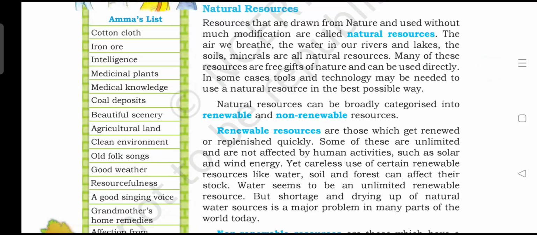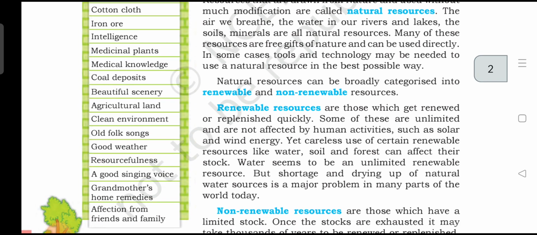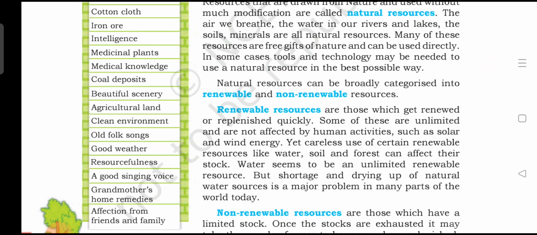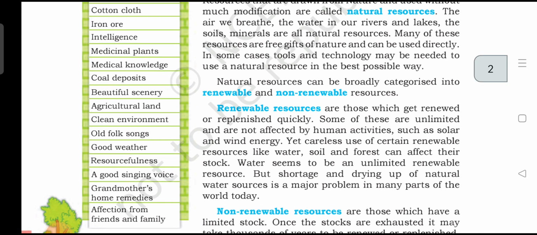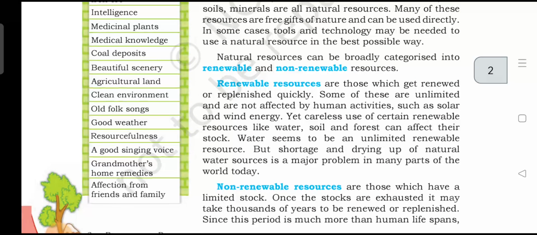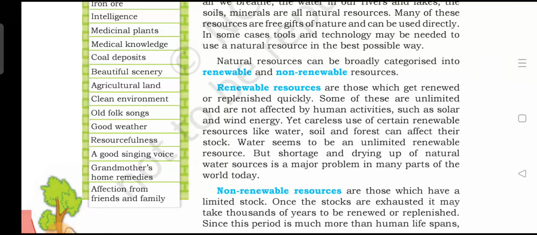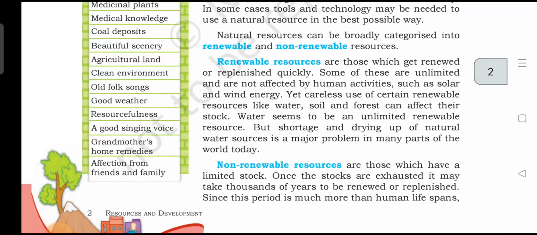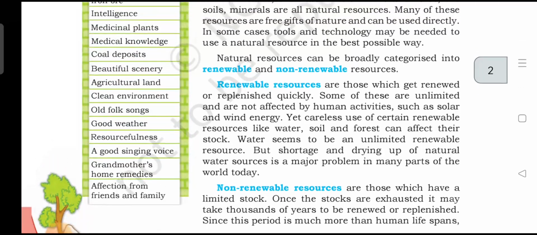In some cases, tools and technology may be needed to use a natural resource in the best possible way, like the pipelines you have nowadays, because of which water comes in your tap. Sometimes people have to dig a well and take out the water from it. So sometimes tools are necessary to take out these natural resources.